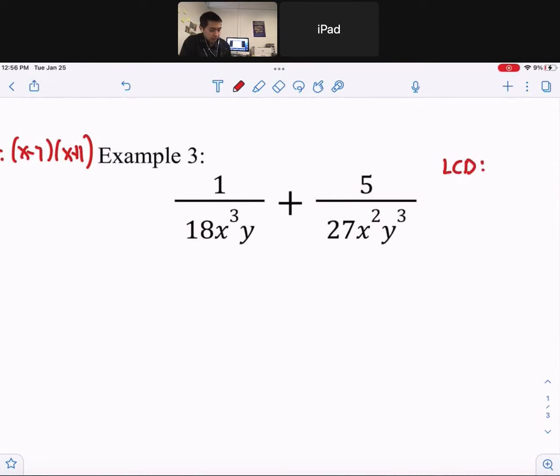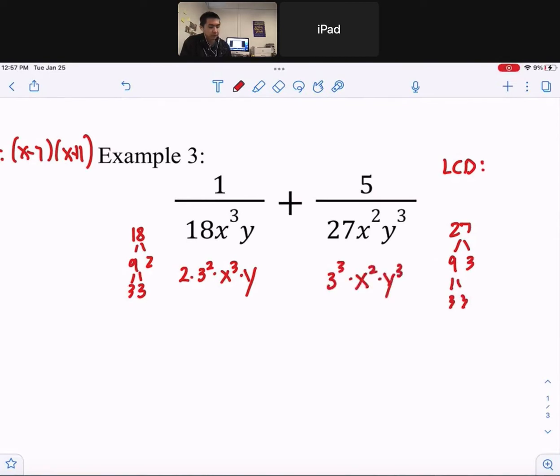So the LCD, well, first we have to break down 18, right? So we get 2 times 3 squared times x to the third times y. For this one, we have to break 27 down to get 9 times 3 and then 3 times 3, so that's 3 to the third times x squared times y to the third. To get the LCD, there's only one 2, so that has to be part of the LCD.